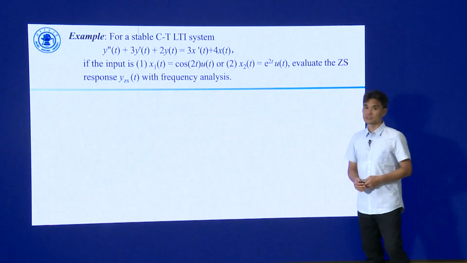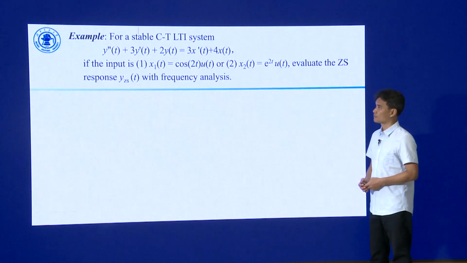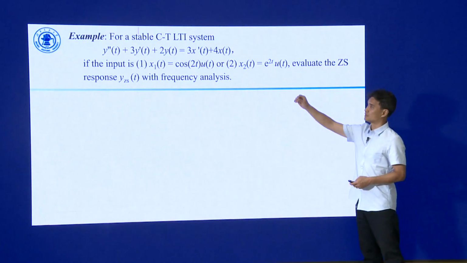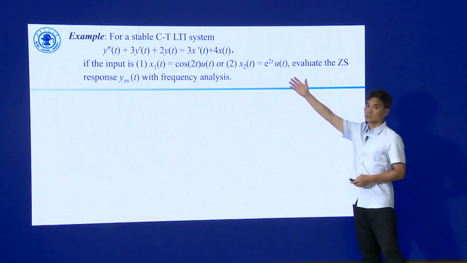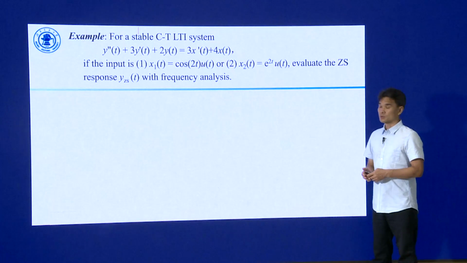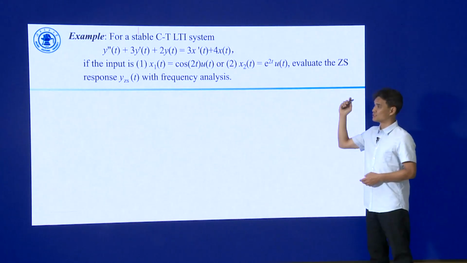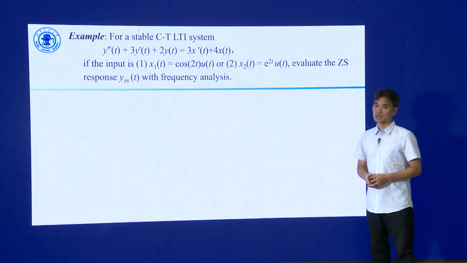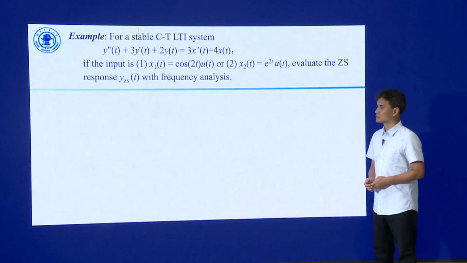Here's another example. Again, we have a stable LTI system. What if the system has two inputs? One is a cosine function, another one is a unilateral exponential signal. What is the system's zero-state response? And we ask you to use Fourier analysis, frequency analysis.